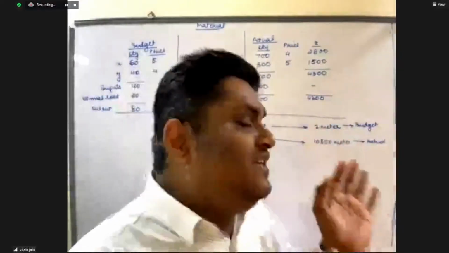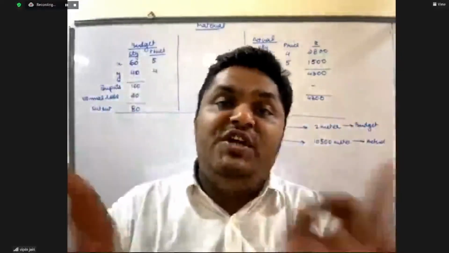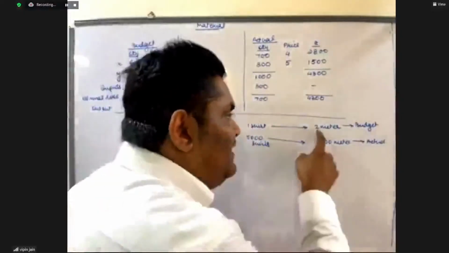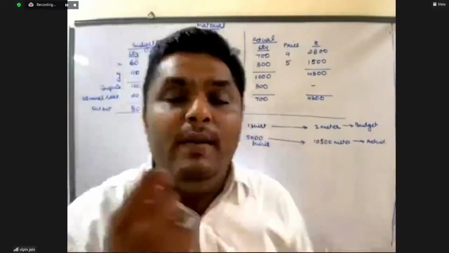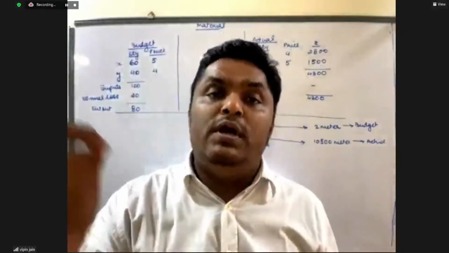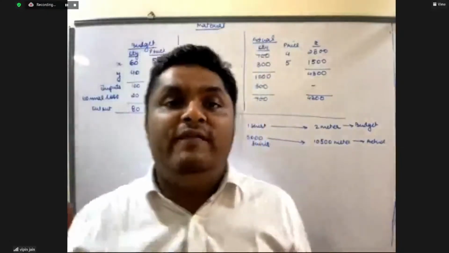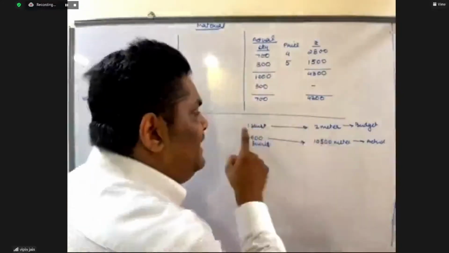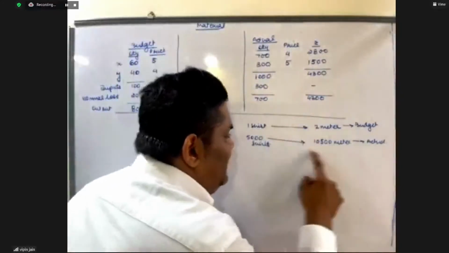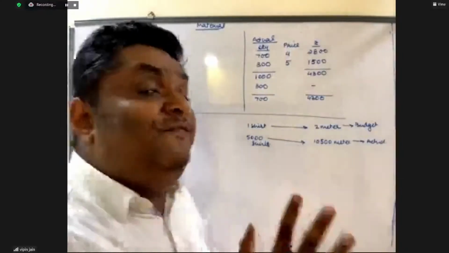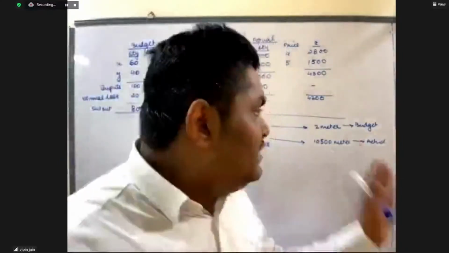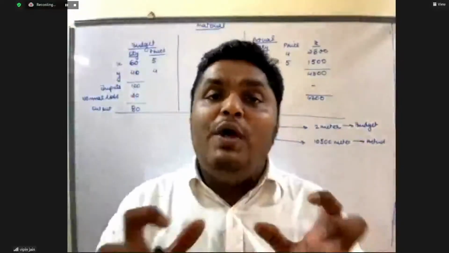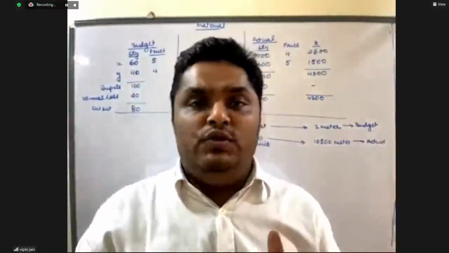But since we are manufacturing 5,000 shirts, I have used 10,500 meters. क्या हम लोग कह सकते हैं कि हमें 2 meter use करना चाहिए था? हमने 10,500 meters use किया. No, we cannot say that, because from 2 meters we get only one output, but from 10,500 meters we get 5,000 shirts as output. So these two figures are not comparable.